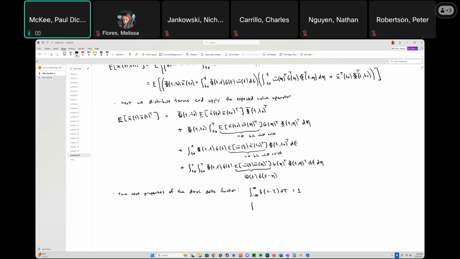And the integral from negative infinity to infinity of some function times Dirac delta (t minus tau) d tau is equal to just the function. Okay, so therefore we can simplify greatly, which is really nice.